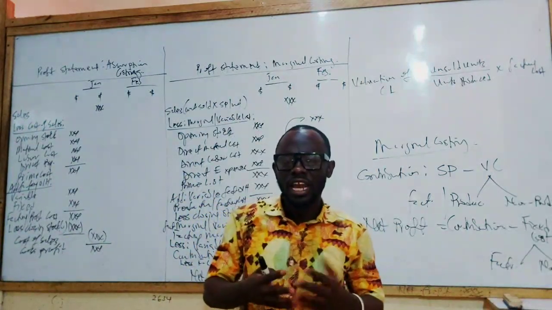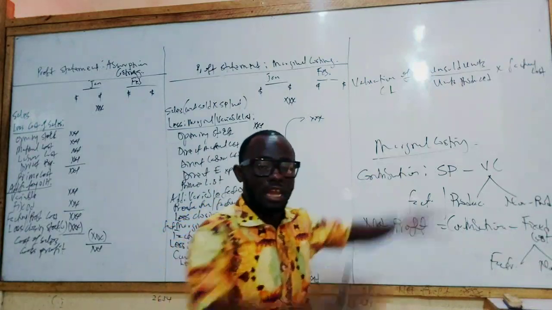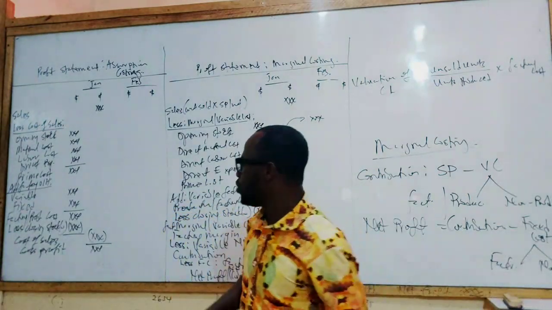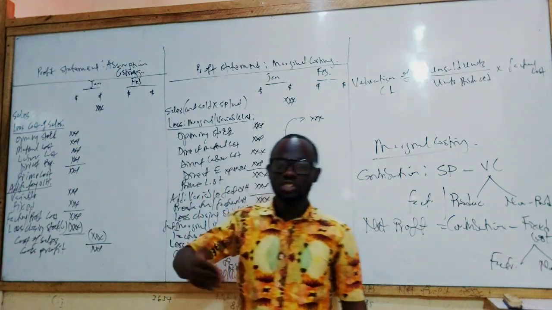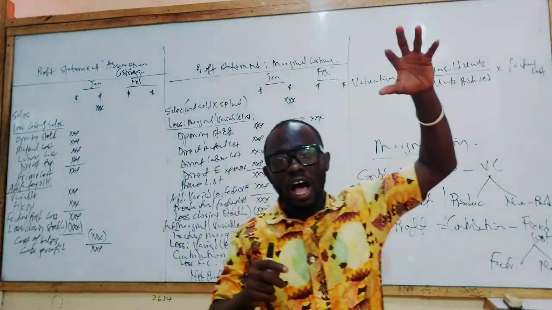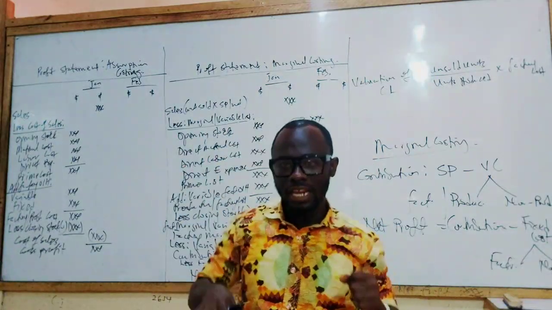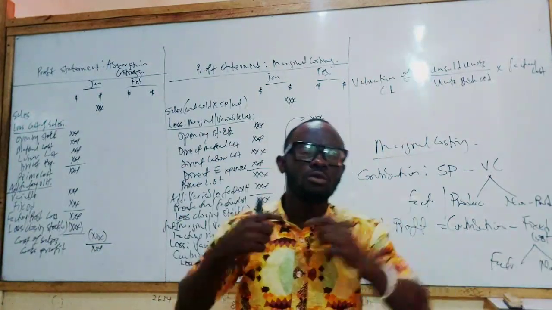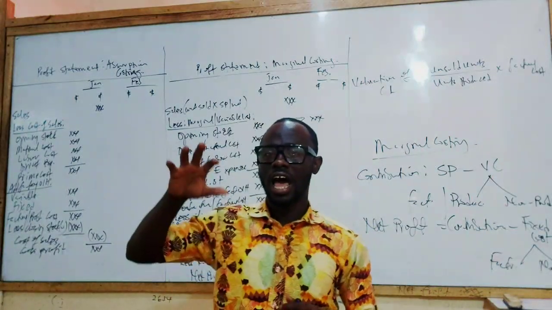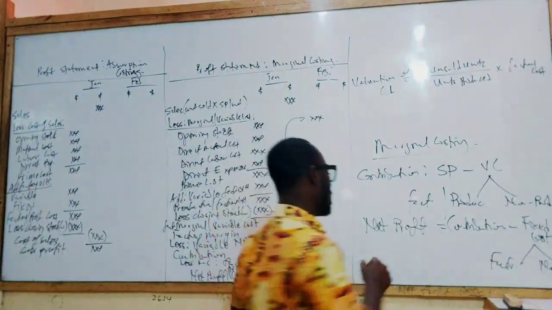However, you must find out the difference between the budget and the actual results. That is why when you get to your gross profit, you need to compute and find out whether overheads have been over-absorbed or under-absorbed. So what do we mean when we say overheads are over-absorbed or under-absorbed? Let's look at that here.